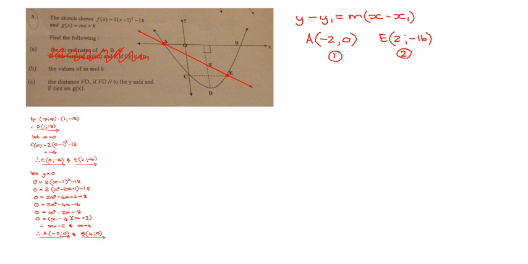Now that we have all that information there, let's go ahead and fill it in. Easy peasy lemon squeezy. So y in this case will just be referring to 1, so that's going to be 0 minus y2, or y1 in this case, is negative 16, so remember that negative sign in brackets, is equal to m. I'm going to start off with a square bracket because I'm pretty sure we're going to have to write some random stuff in here.